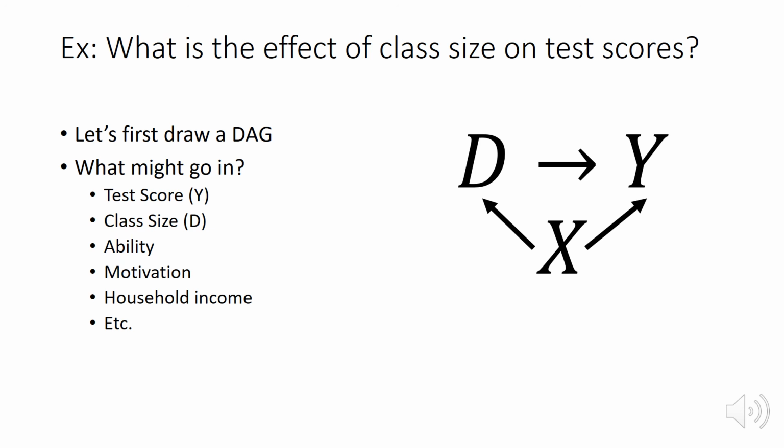Someone said honors students, certainly an other stuff variable, might be in smaller classes because they're honors. That can go with ability. Motivation might influence whether or not you're in a smaller class. So someone said attendance. We might think attendance and motivation are very similar, right? So maybe it's not class size explicitly, but experienced class size.